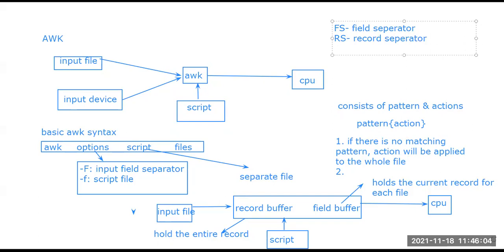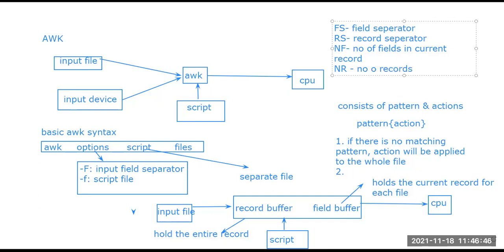Then NF, that is the number of fields in the current record. If we are working on a current record, then how many fields are present can be obtained with the help of this NF system variable. NR is for the number of records.